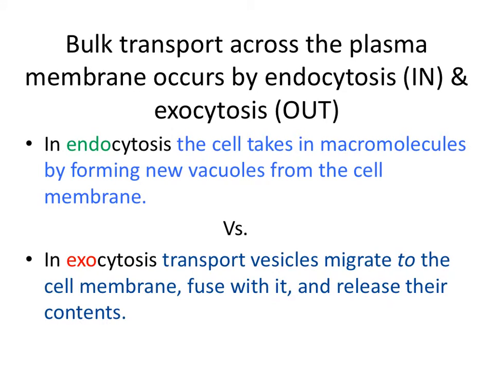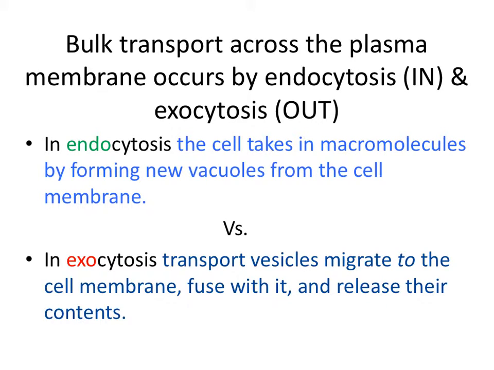Bulk transport is another way of moving things. It does require energy, but it's a good way of moving a large quantity of stuff all at once. And that can either occur into the cell or out of the cell. Endocytosis, bringing things in.